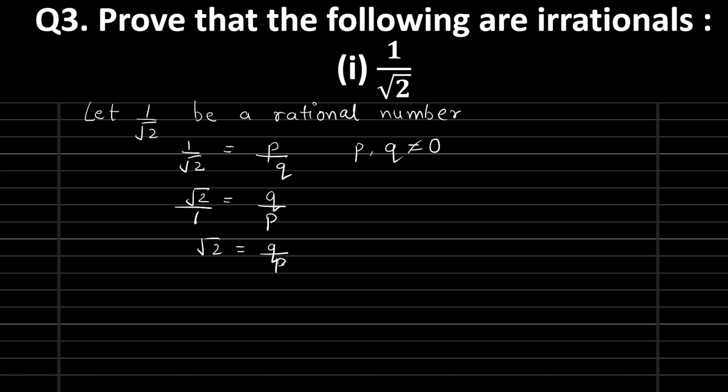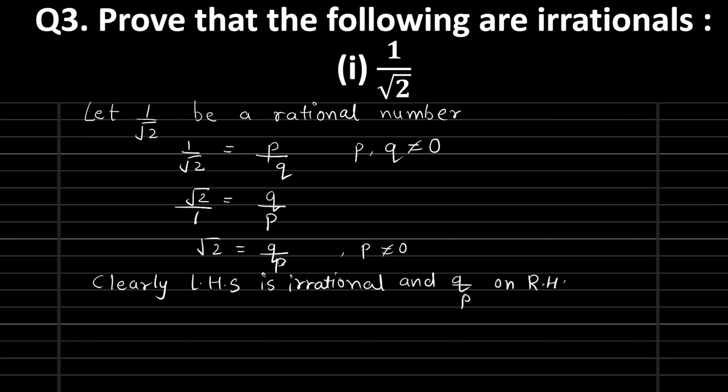Clearly we can see that the left hand side is root 2, which is an irrational number, and the right hand side is q by p. That's why we have taken p also not equal to 0. So q upon p, on the right hand side, is rational.